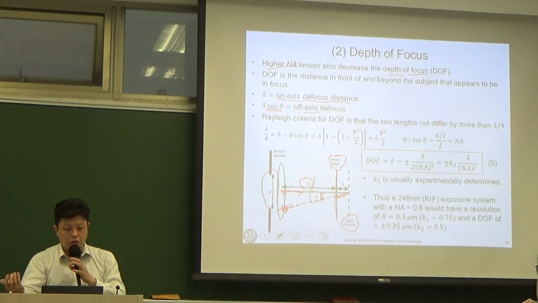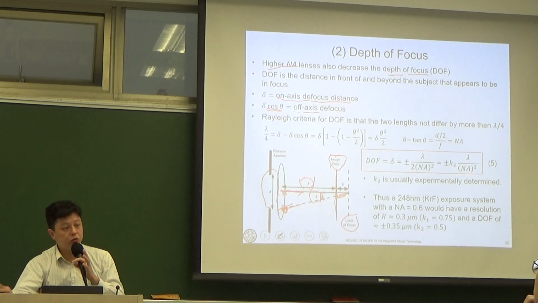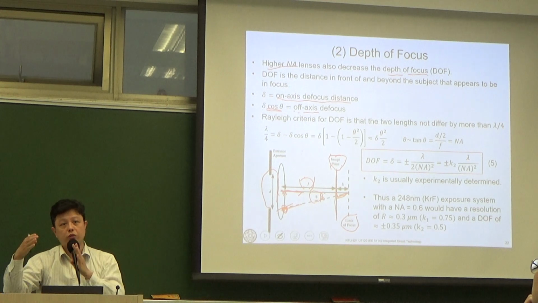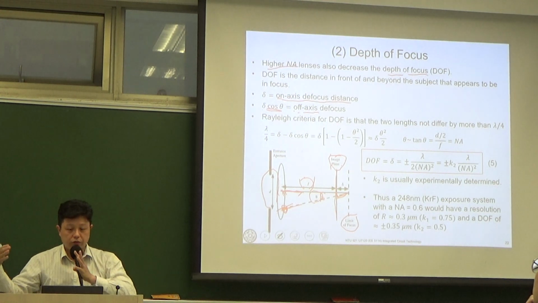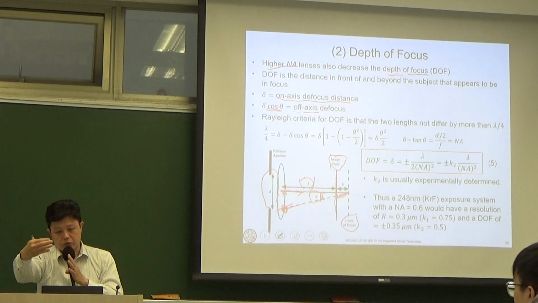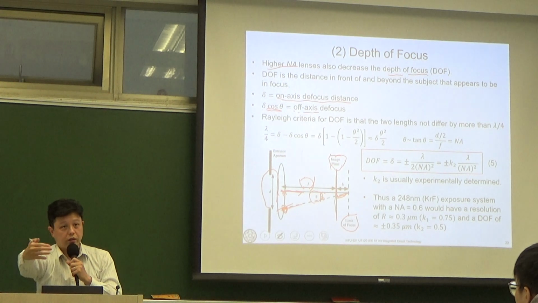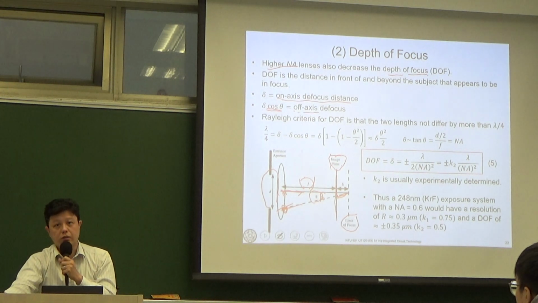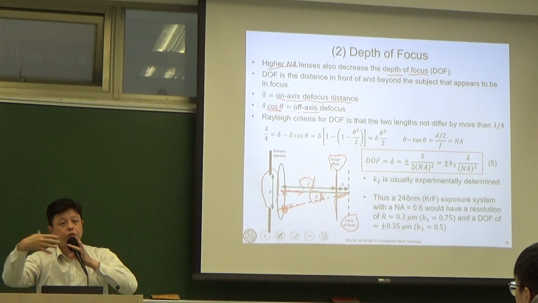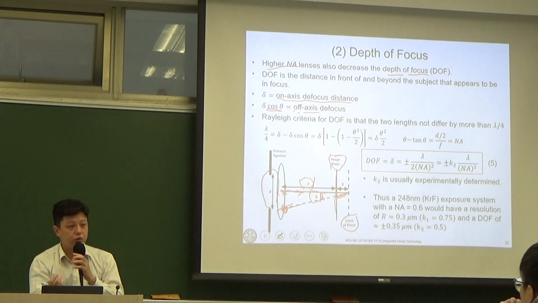There's also a criterion suggested by Rayleigh. In order to make sure two light rays from different angles reach a certain plane properly, the phase difference between them has to be less than a quarter lambda. Then when you put this light together, they still give you a clear image.